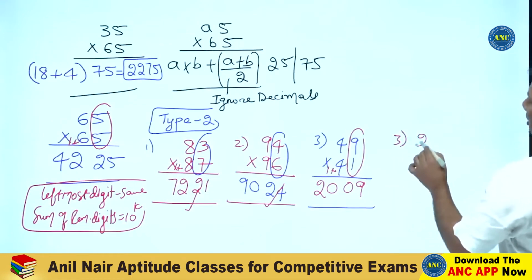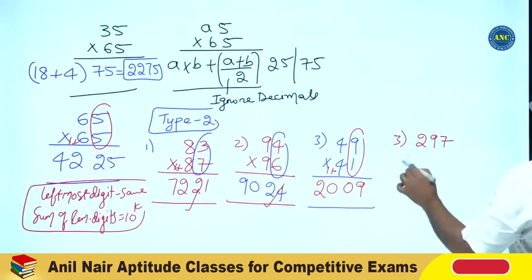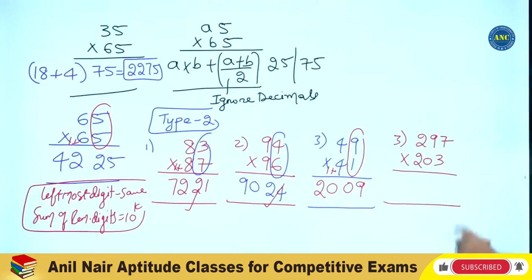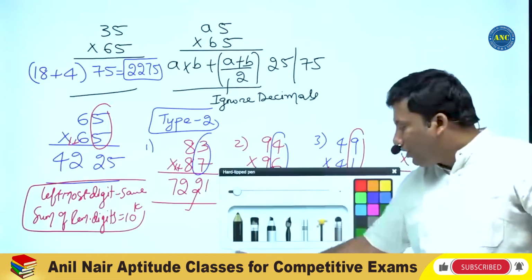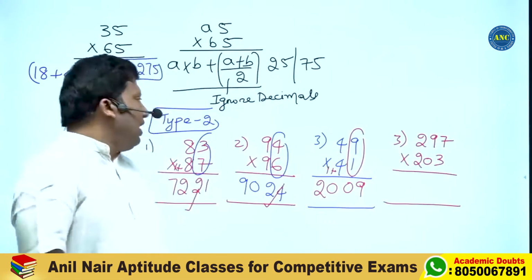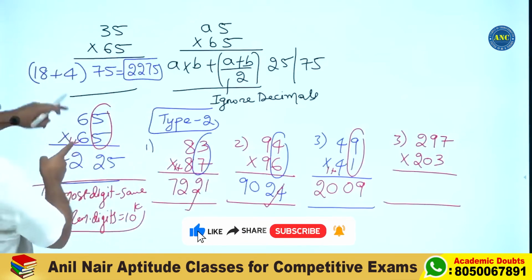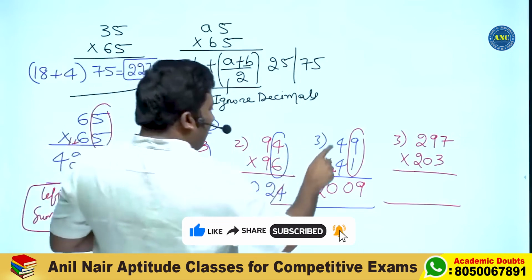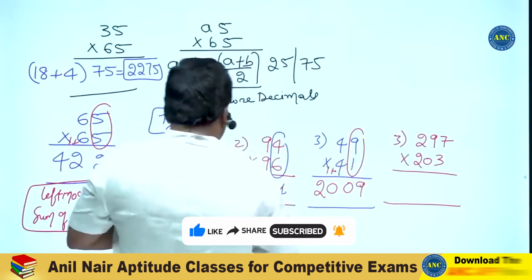Suppose the question is 297 into 203. What is the condition where we can use this logic? Leftmost digit should be same. 6 and 6 same. 8 and 8 same. 9 and 9 same. 4 and 4 same. 2 and 2 same.